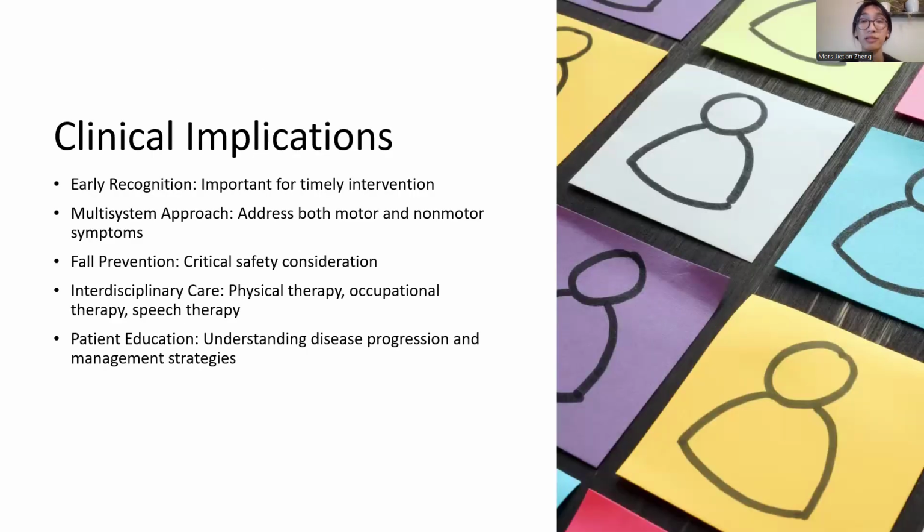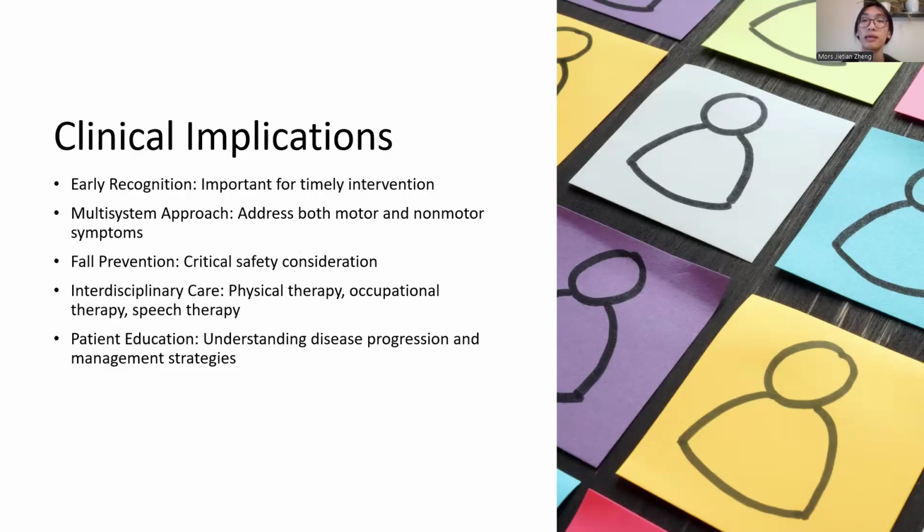Understanding the comprehensive nature of Parkinson's disease has several critical clinical implications. First, early recognition of non-motor symptoms, particularly those that can appear years before motor signs, could lead to earlier diagnosis and intervention.